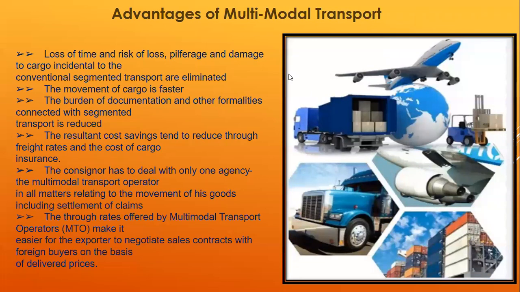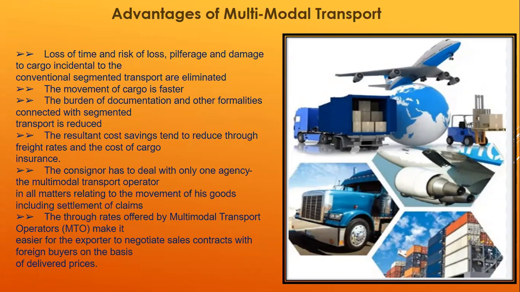Now what are the advantages of this kind of transport? The first advantage is loss of time and risk. Pilferage and damaged cargo incidental to conventional segment transport are eliminated.